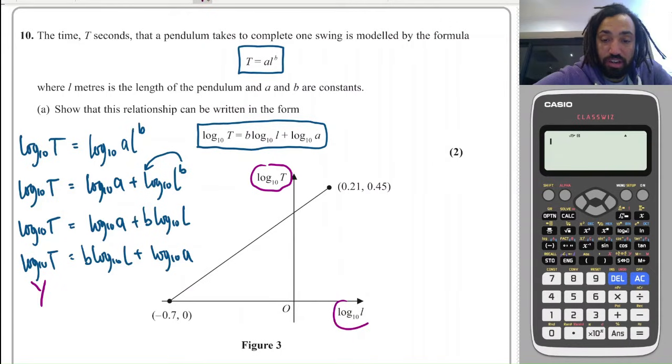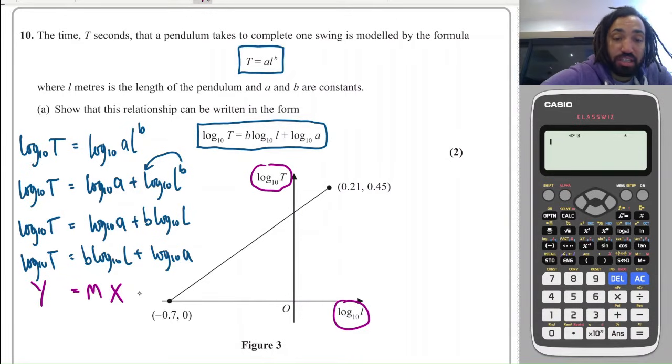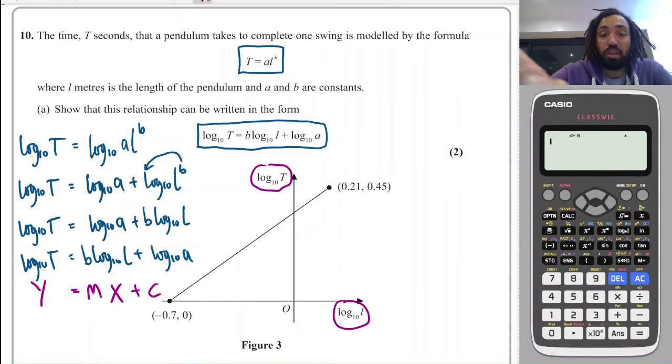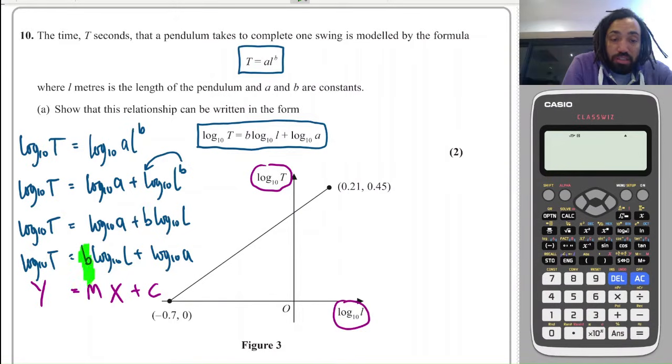This variable is on the x-axis, so that could be x. And because we have a straight line, this is y equals mx plus c, which means this term here is the gradient, and this term here is the y-intercept.